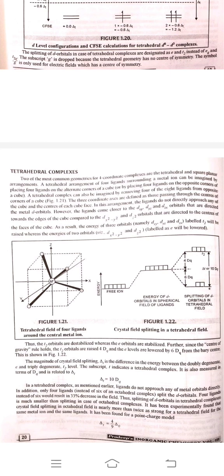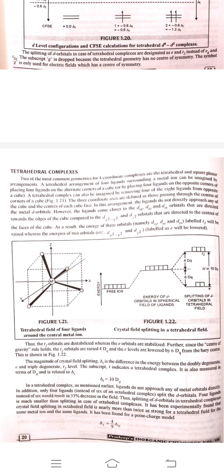However, the ligands come closer to the dxy, dyz and dzx orbitals, which are directed towards the edges of the cube, compared to the dx²-y² and dz² orbitals that are directed to the centers of the faces of the cube.